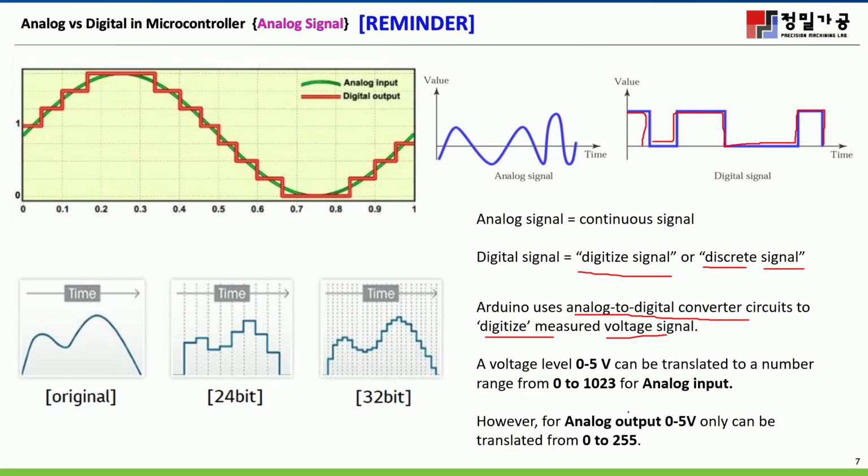Okay, in the analog input in Arduino, because the voltage level is from 0 to 5 volts, this voltage is translated to decimal value from 0 to 1023. Okay, everybody already know, right? And the analog output translate the 8-bit number from 0 to 255. Okay, everybody already know this, right?